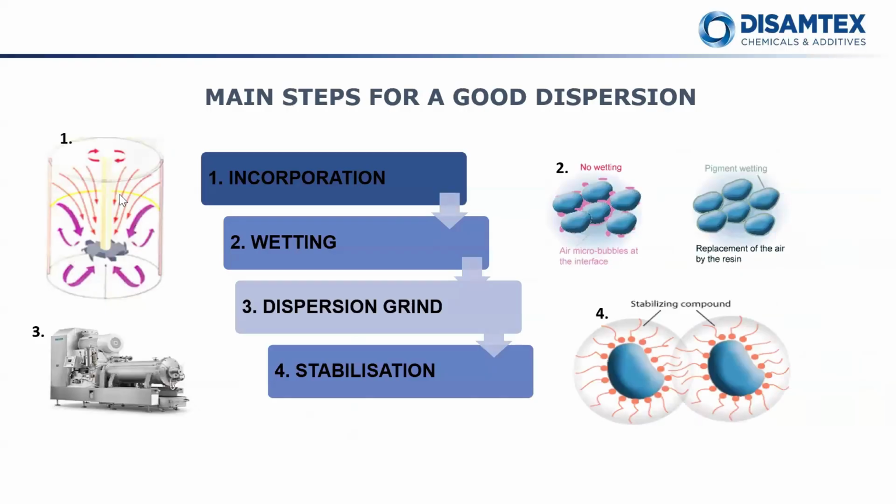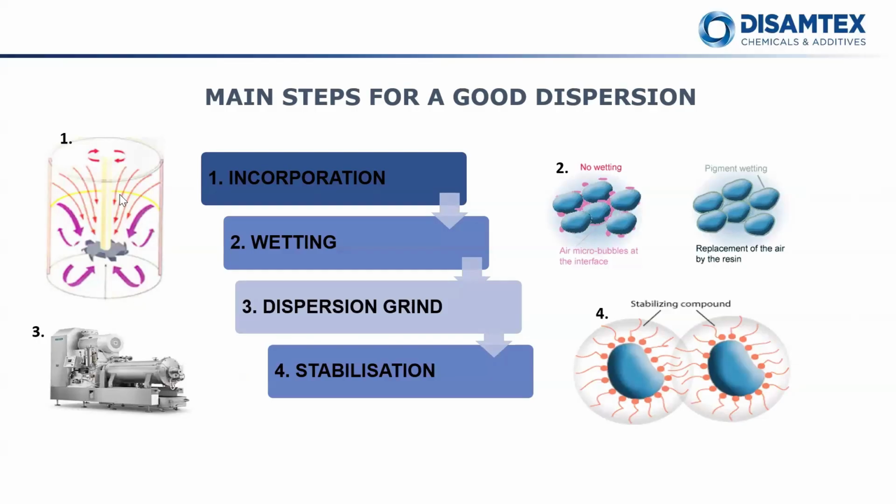This slide summarizes the four essential steps for proper pigment dispersion. First, incorporation ensures the pigment is uniformly introduced into the liquid. Then, wetting replaces air at the pigment surface with resin, preventing microbubbles and poor color development.